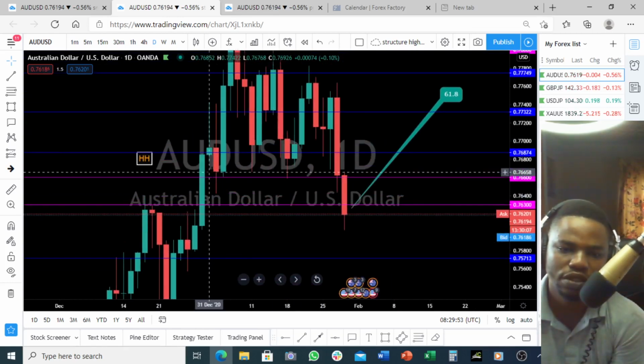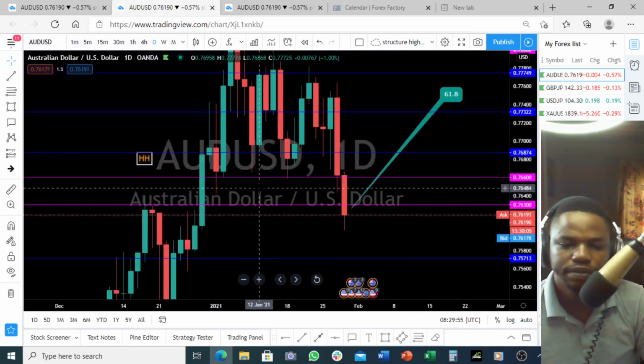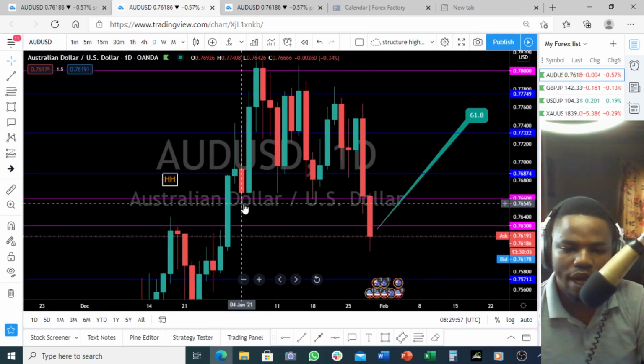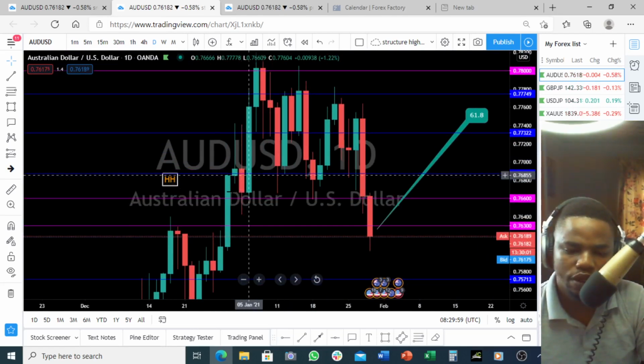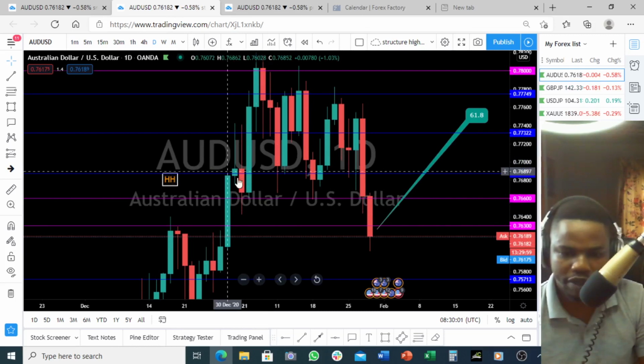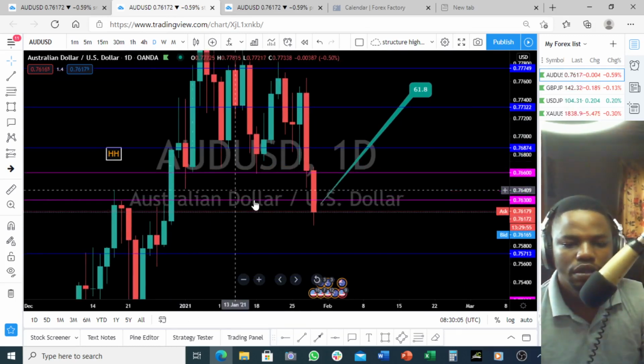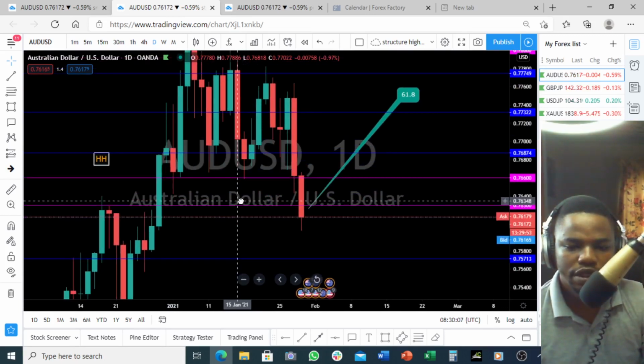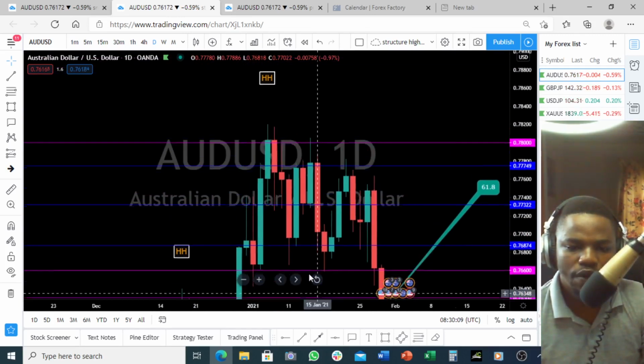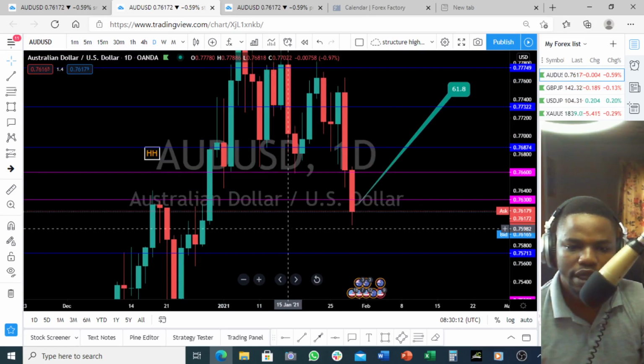And why is this not a lower high point? Because of one candle on this time frame, but on a lower time frame you might find a series of candles going down. So according to this time frame, we are waiting. This was our last lower high.